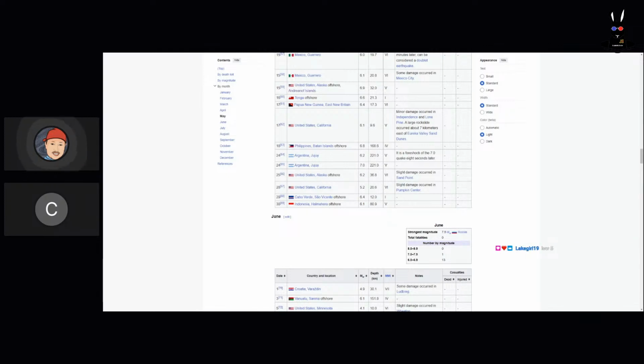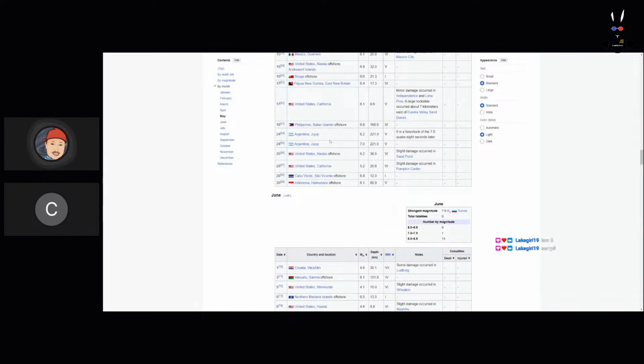Eureka. That's up there at the top of the Ferndale and the Mendocino Ridge. Argentina came in with a 7 and a 6.2. Alaska offshore again, 6.2. And where the hell's Pumpkin Center, California?